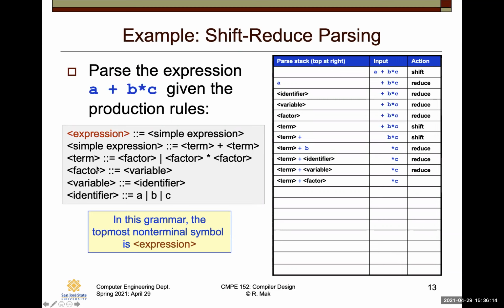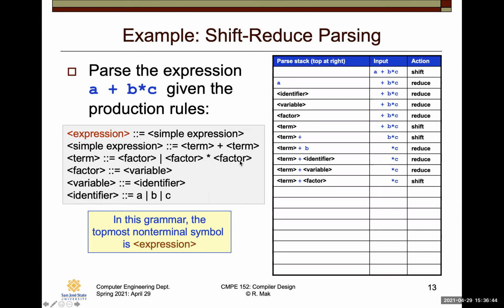Now at this point, let's see what happens. We actually do a shift. Why is it a shift? Yes, factor does match here, and we could have reduced it to term, but remember, we're trying to match the longest possible right-hand side, and because the next input character is a star, we're going to try to match this rule.